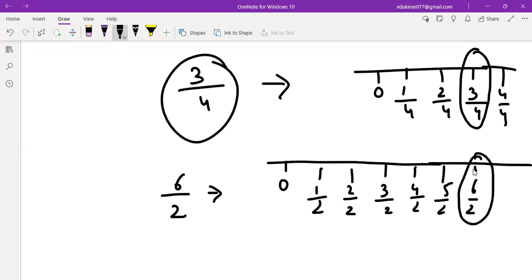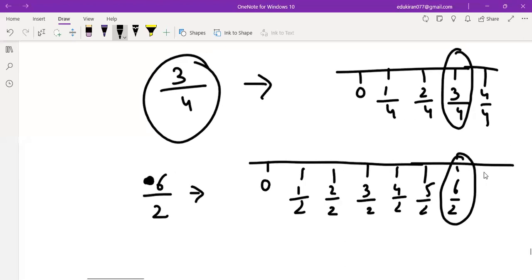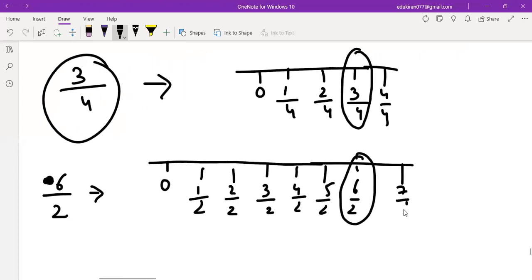You have to start from 1 and keep going until you get the numerator number. I hope it's clear. Ma'am, we can also write more than it? Yeah, you can write till any number, you can write 7 upon 10. Ma'am, we have to draw the line, like the number line? Yes.